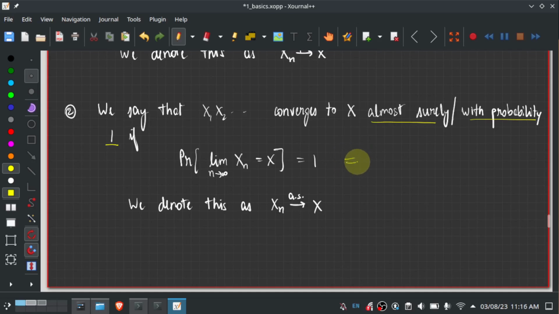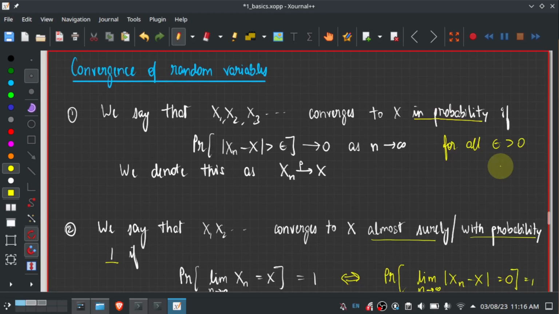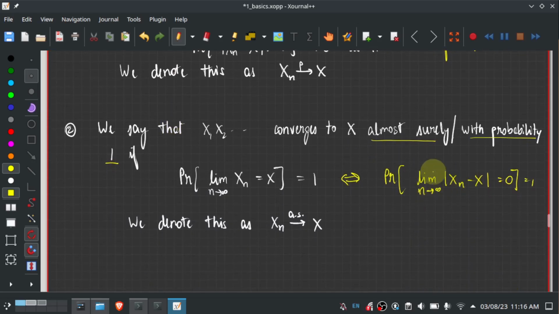So this, in some sense, could be written as the probability that the limit as n tends to infinity of |Xn minus X| equal to 0 is 1. There's a difference between this and convergence in probability, in the sense that in that case the limit is outside the probability, whereas in this case the limit is inside the probability. And we'll see why the limit inside the probability is different from the limit outside the probability.